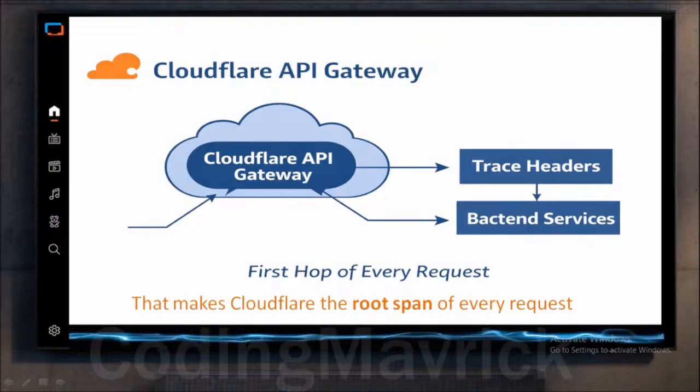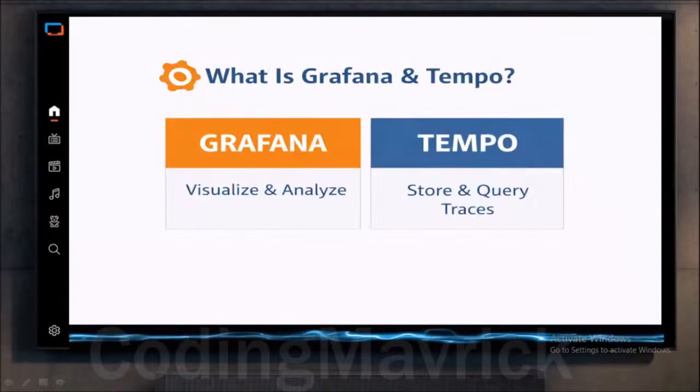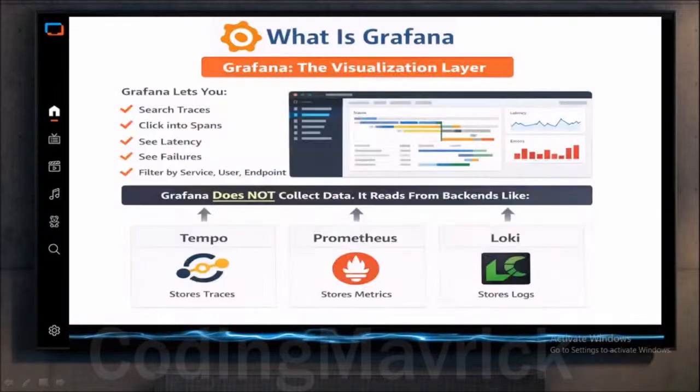So it must create a trace, attach the trace headers, and pass them downstream. That makes Cloudflare the root span of every request in our system. Next, we see what is Grafana. Grafana is the visualization layer. It is what we use to see what is happening.